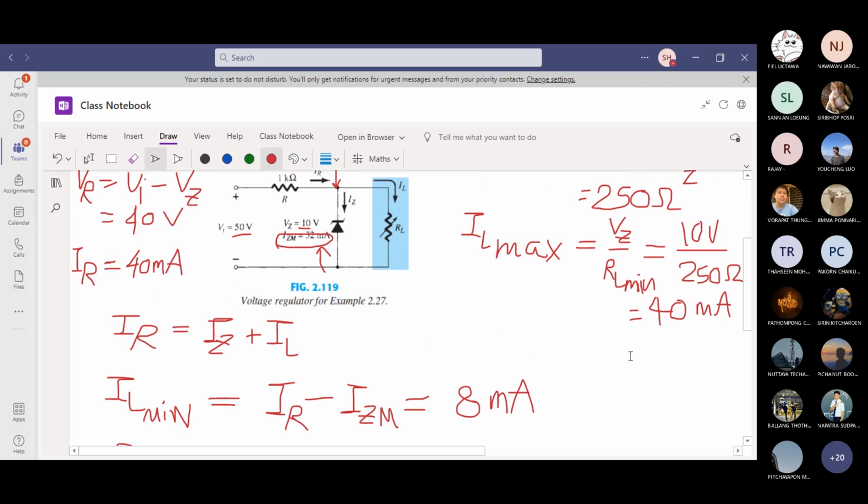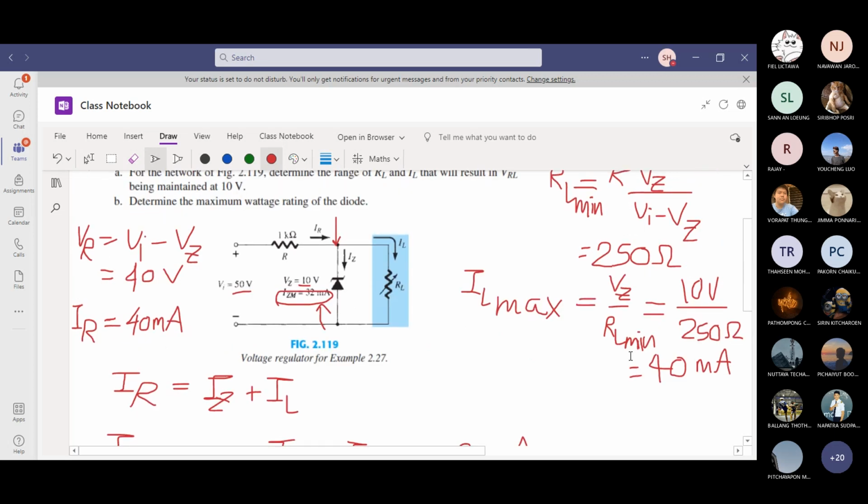Can you tell me the equation for RL? Wait a minute. We'll wait for a few moments.